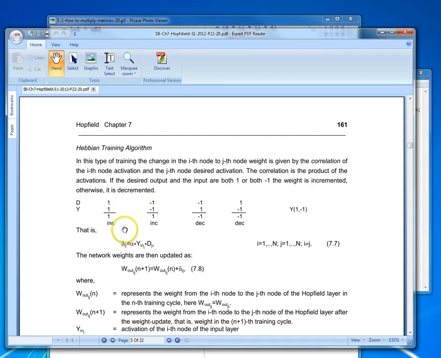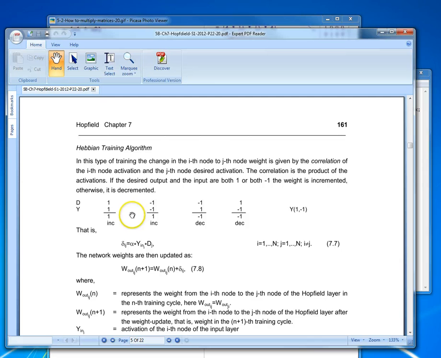That means we should increase the value of the weights. On the other hand, if the inputs and desired values are different, whether d equal to -1 and the computed value is +1, or the desired value is +1 and the computed value is -1, in both cases that's not desirable, therefore you want to decrease the value.